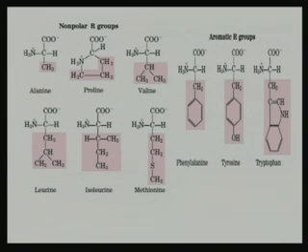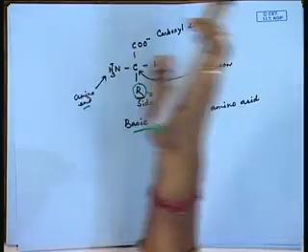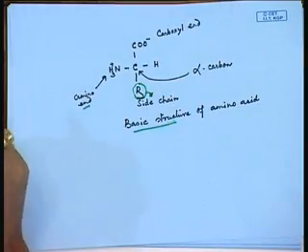Now, if we divide these 20 standard amino acids based on the properties of the R group, they can be categorized into 4 different divisions.